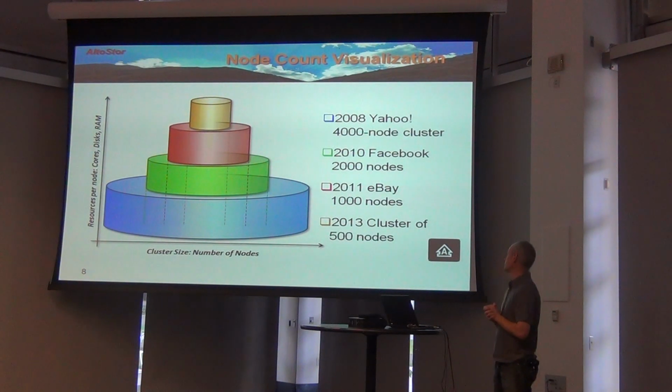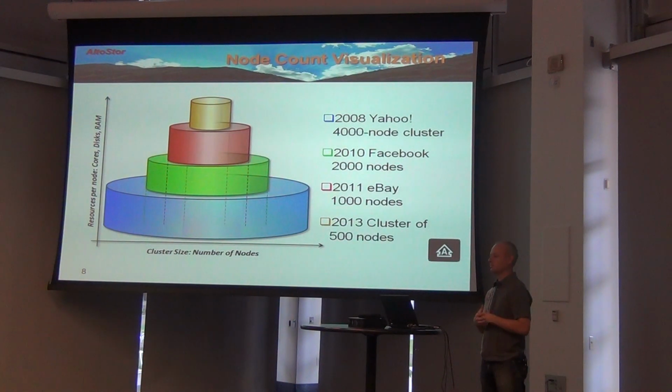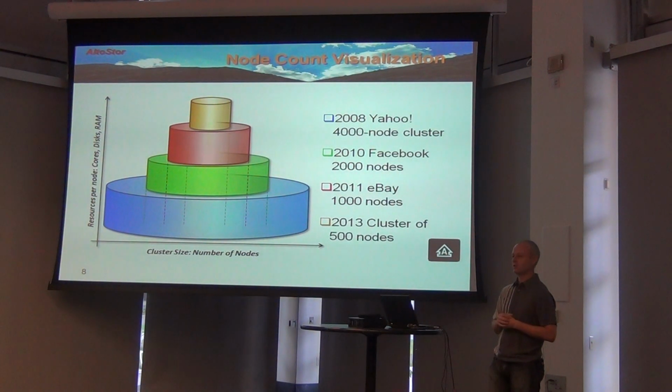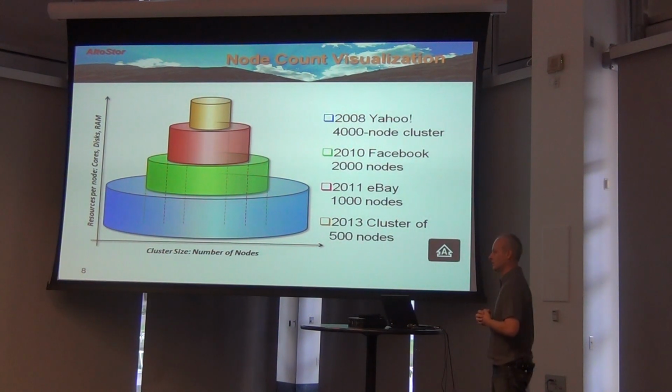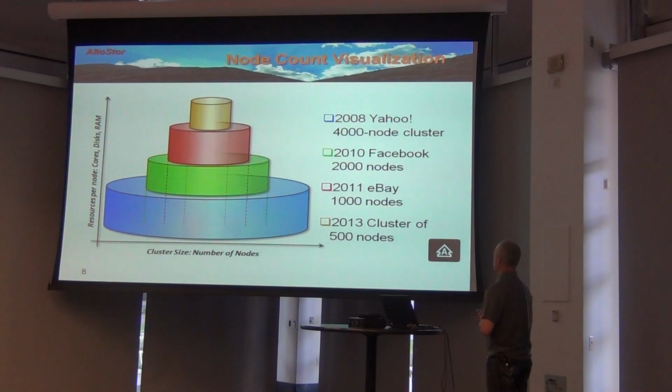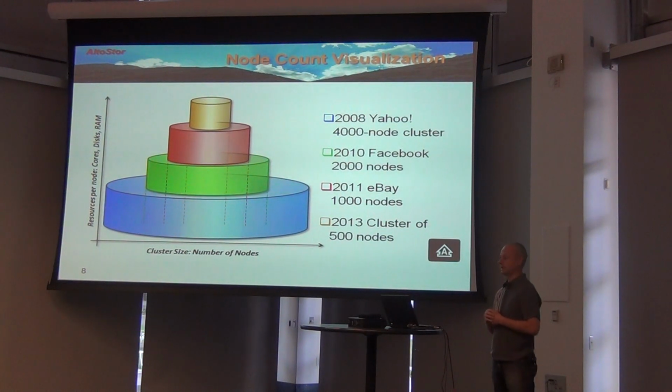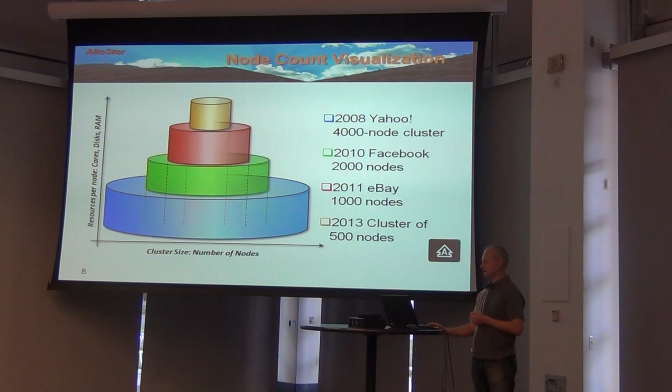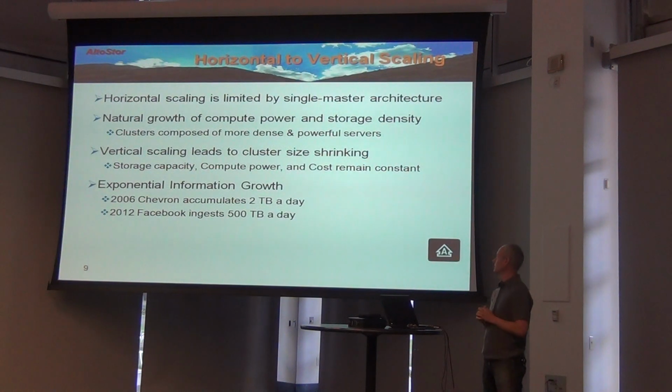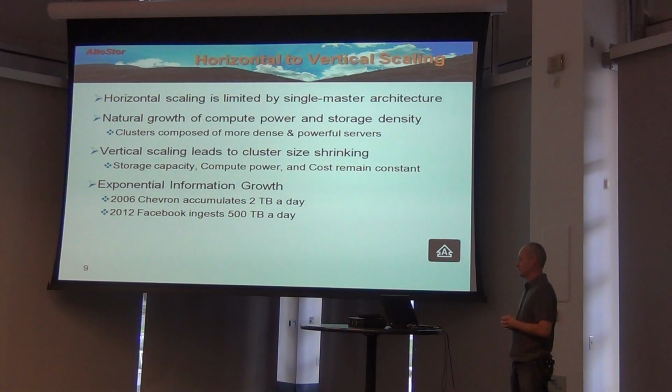And we can estimate that the clusters will shrink to 500 nodes. 500 nodes doesn't look like such a big cluster, and it will probably be affordable for many companies to hit the scalability limit, not only the big guys like the companies listed there.